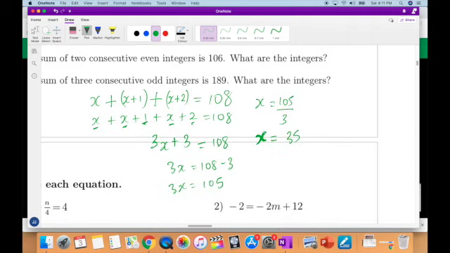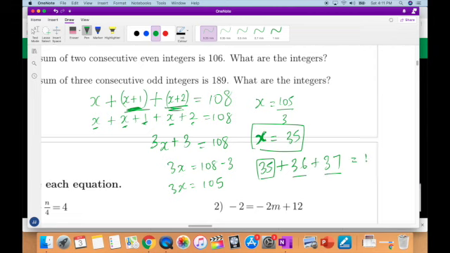So we found the first one, which is x, which is 35. The next one will be x plus 1, which is 35 plus 1, which is 36, the consecutive. And then x plus 2, 35 plus 2 is 37. So now I have my 3 integers, 35, 36, and 37. And they will add up to give me 108.